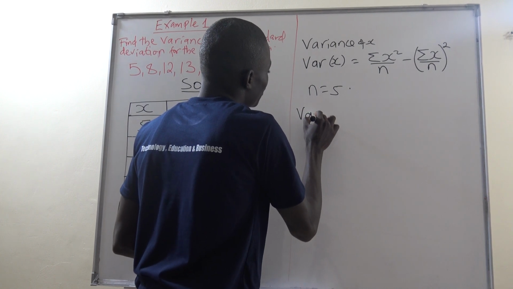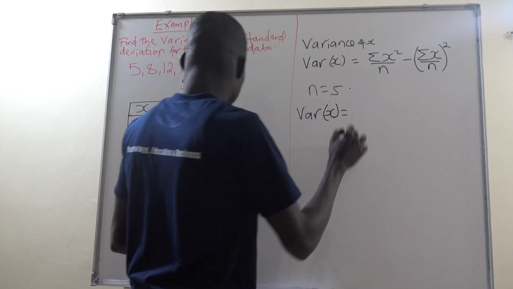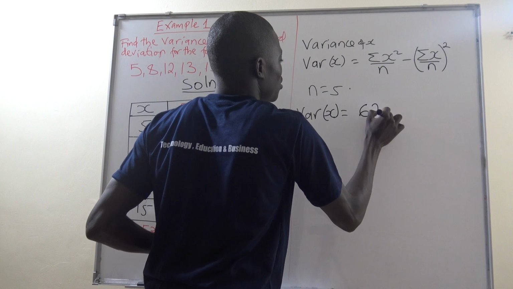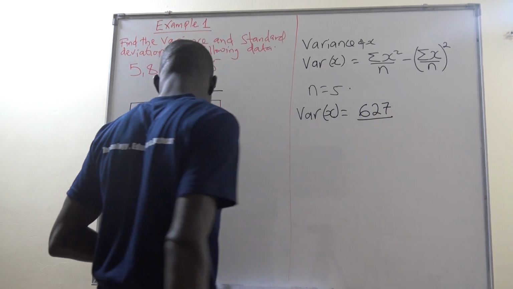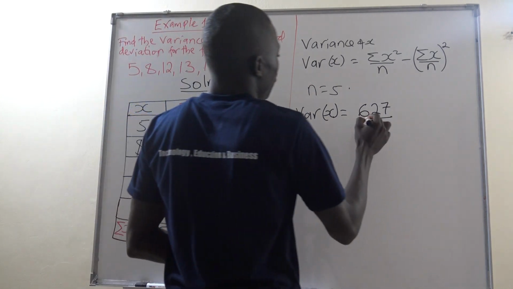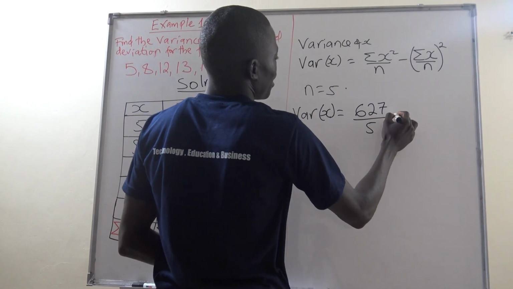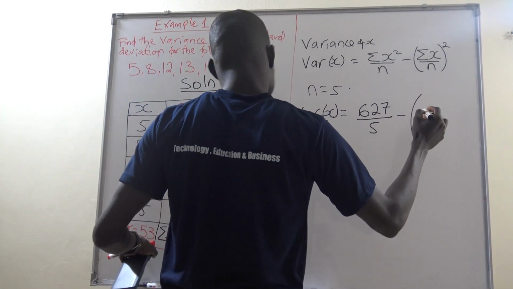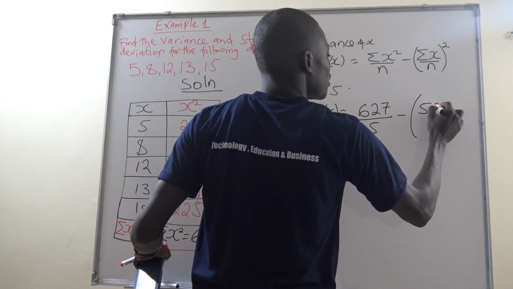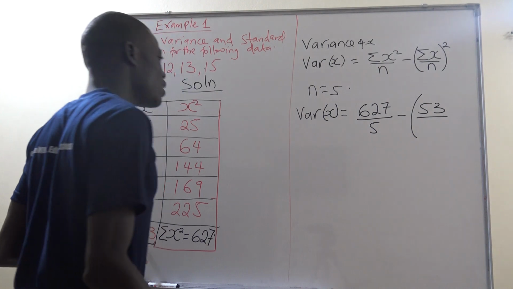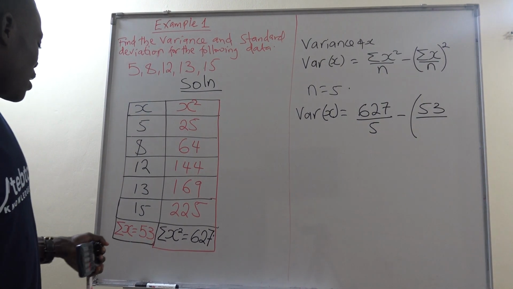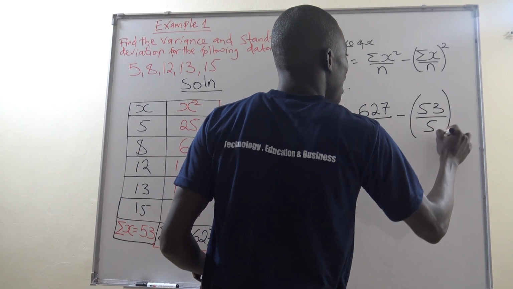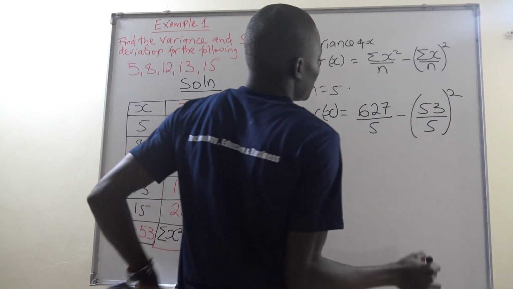So our var x becomes summation of x squared, which is 627, divided by n, which is 5, minus the square of summation of x, which is 53, divided by n, which is 5, all squared.